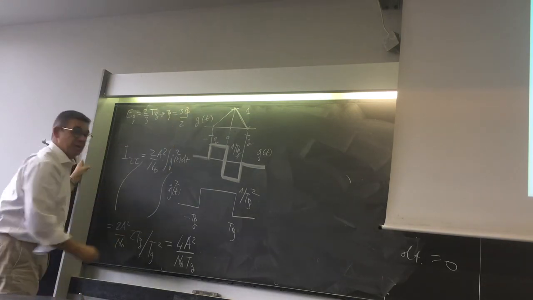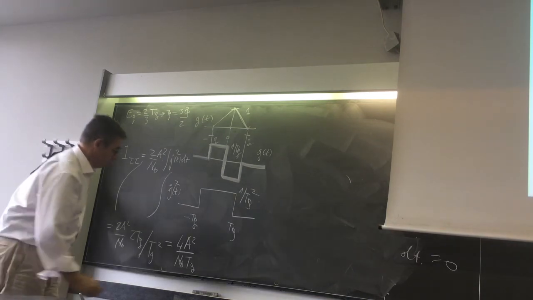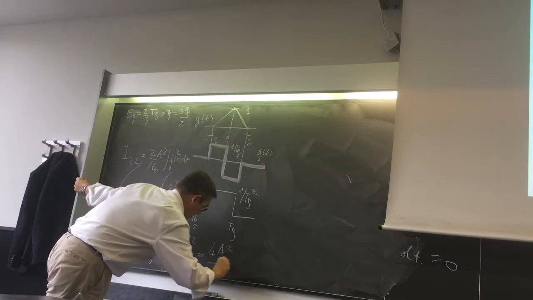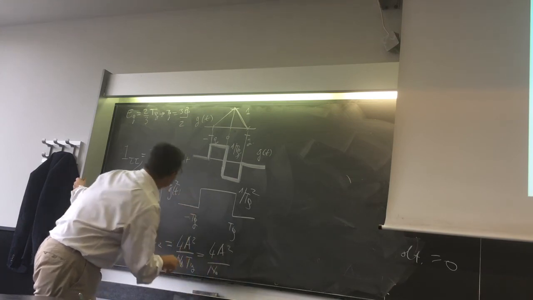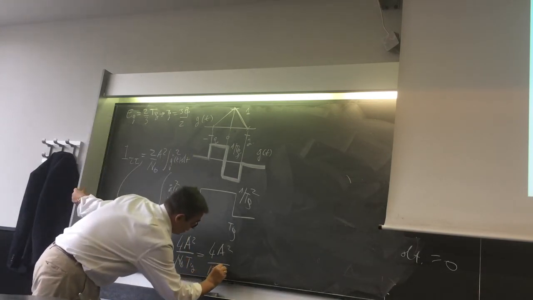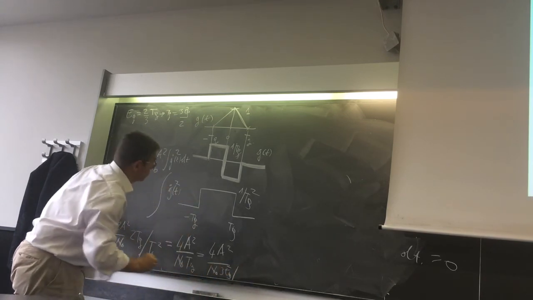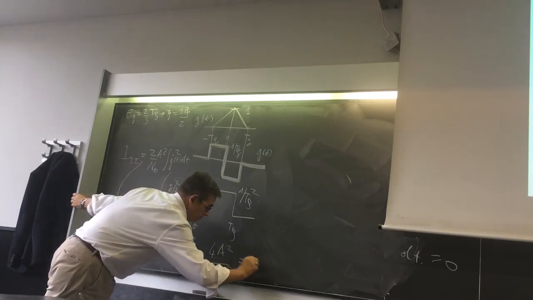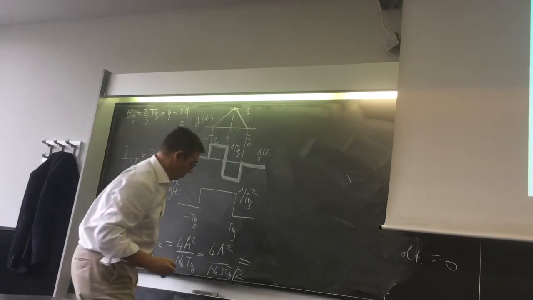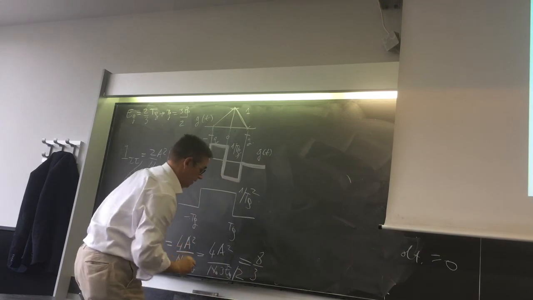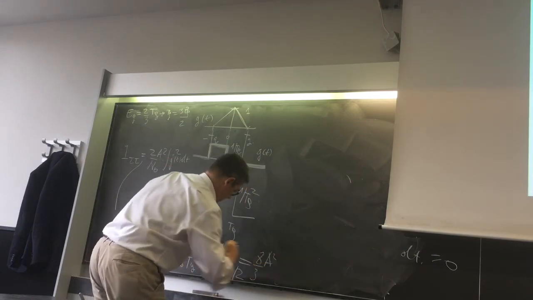I plug that in there, and that is equal to 4a squared divided by n0, and then tg is equal to 3 Eg divided by 2, which is equal to 8 divided by 3 a squared.